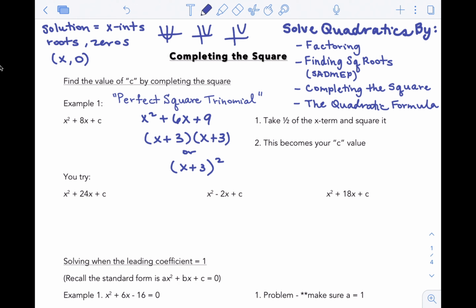For example, since x squared plus 6x plus 9 factors into x plus 3 times x plus 3, or x plus 3 squared, we would call x squared plus 6x plus 9 a perfect square trinomial.